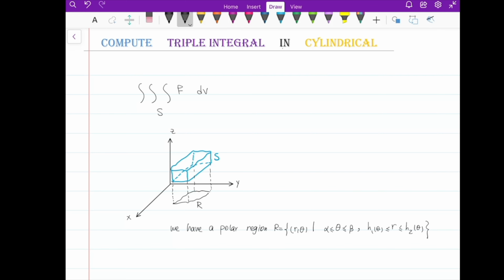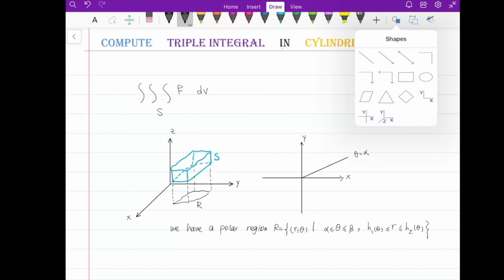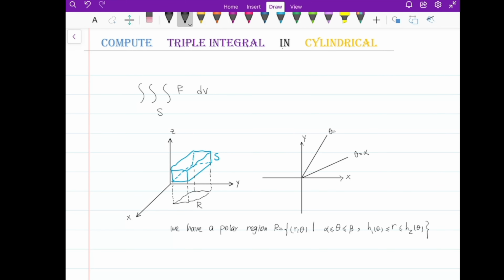Okay, so let me graph R in a separate graph. So I have the x-axis, y-axis, and then I have theta equals alpha, and then I have a ray in here for theta equals beta.